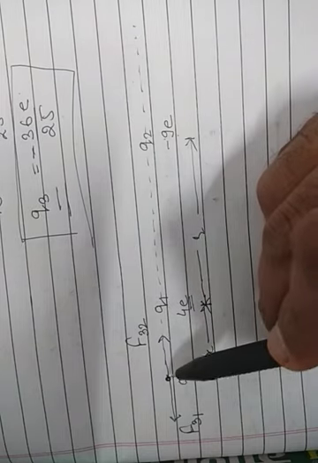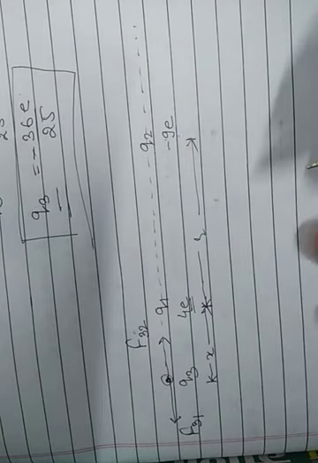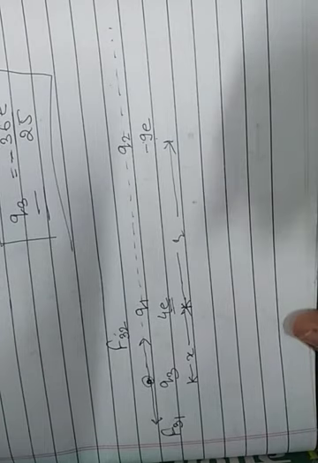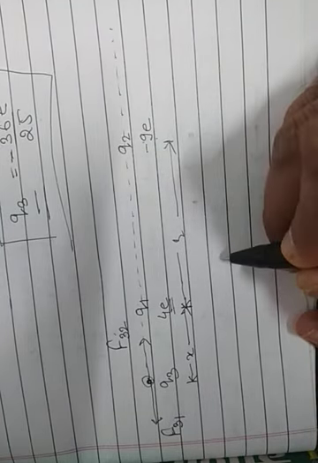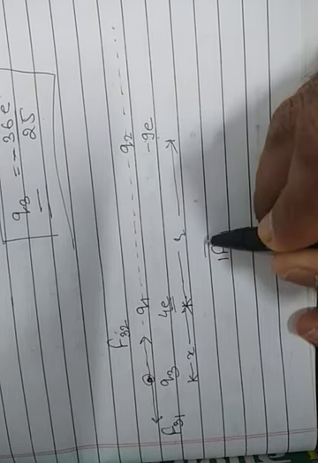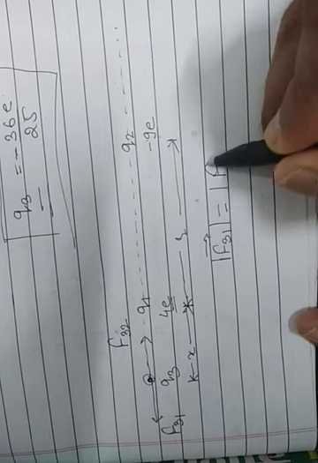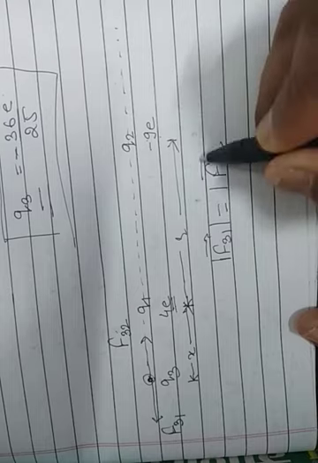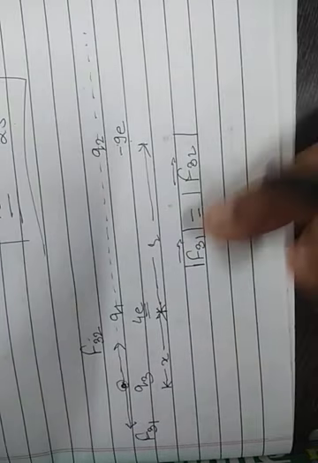As Q3 is in equilibrium, obviously the magnitudes of the two forces acting on it are equal. Net force is 0. So magnitude of F31 must be equal to magnitude of F32. Now what is F31?